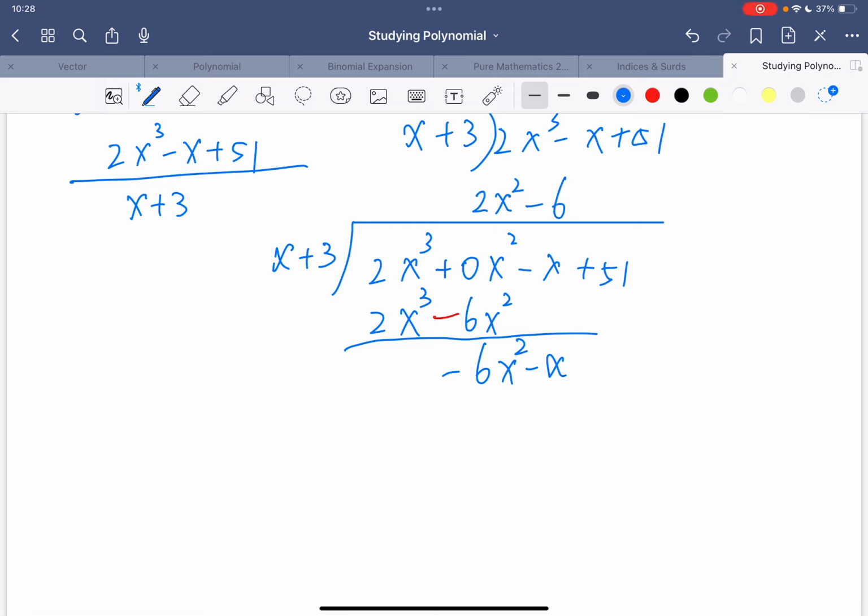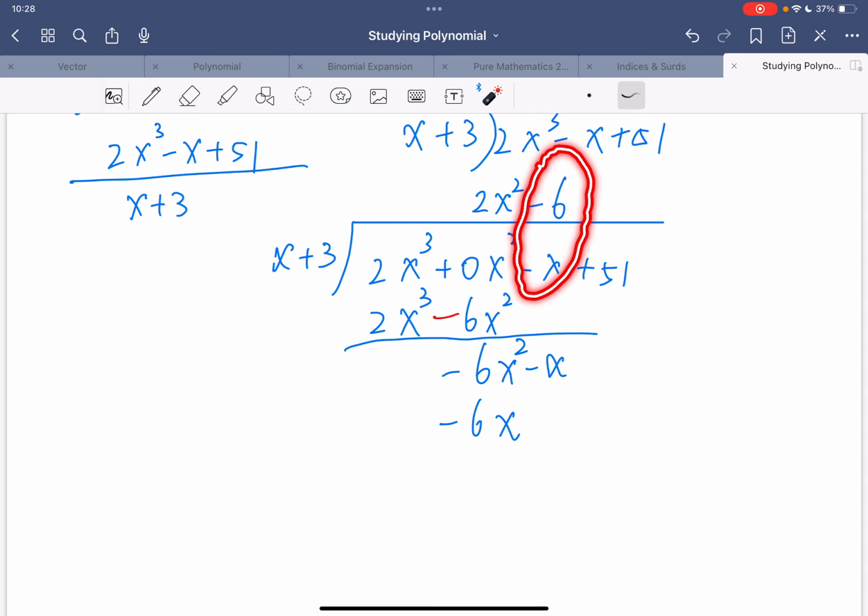So negative 6 multiplied by x equals negative 6x. Is that correct? Oops, there's still an x missing. What's the problem here? A constant term should not be written here, because this position should be written with the power of 1, x. So negative 6x. And then we can see it's negative 6 squared after multiplication, and then it's 18x.